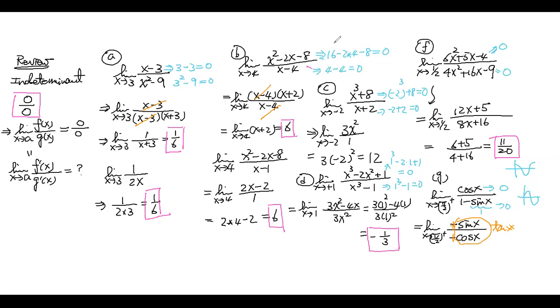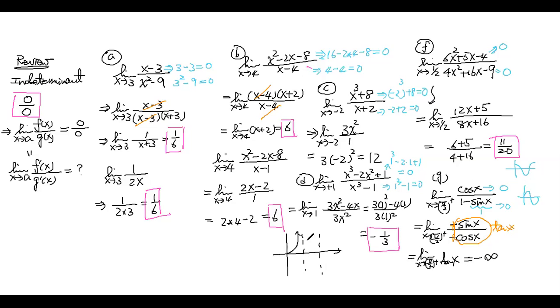Okay, so for the tangent x, now I set the limit as x approaches pi over 2 from the right-hand side. What this will be equal to is negative infinity, right? Because I know the tangent graph is like this, correct?